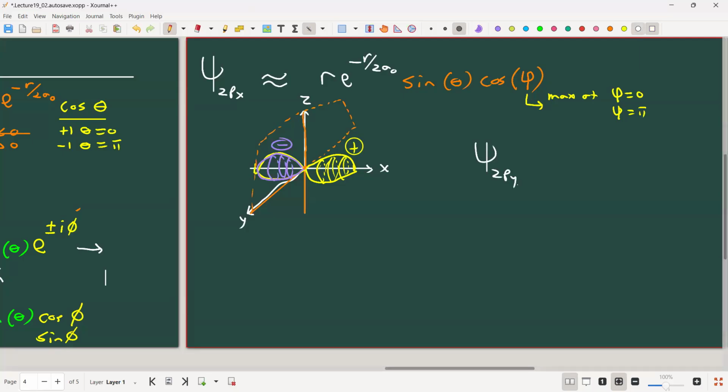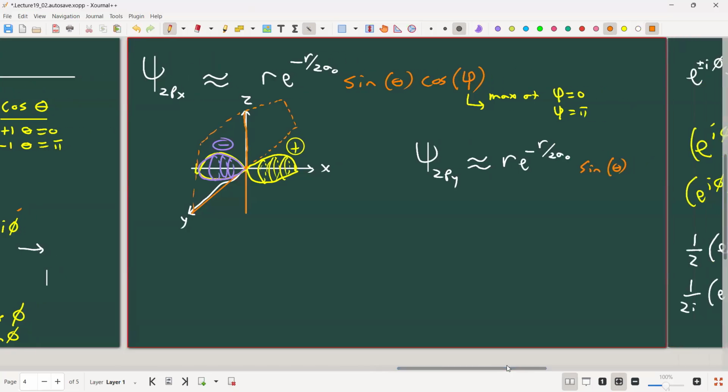Now psi 2py looks the same. It looks like r e to the minus r over 2a naught times sine of theta. But we have a sine of phi instead, right? Remember, from the difference, we get a sine of phi. And of course, that now leaves us on the y-axis instead of the x-axis. The x-axis is phi equals 0 and pi. That's 0.